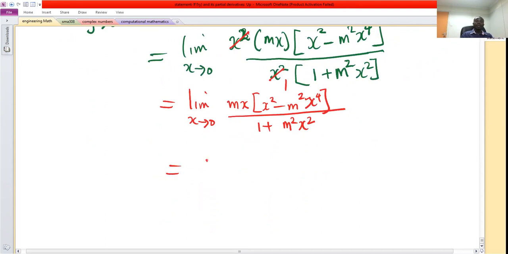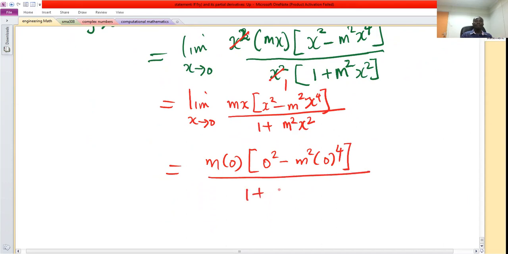So this will be m times 0 times (0 squared minus m squared 0 power 4) divided by 1 plus m squared 0 power 2. Because 0 times this bracket, we'll have 0, and then here we have just 1. 0 over 1 is 0, so this is our f4.